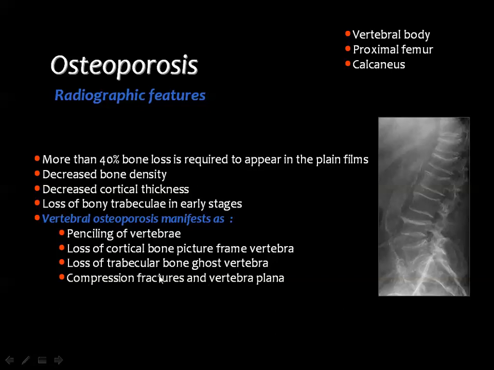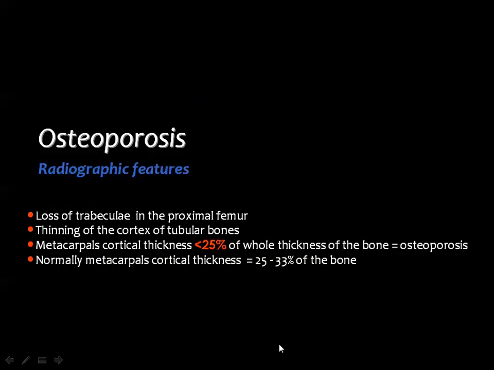Then loss of the trabecular bone may lead to ghost vertebra, and finally you reach the compression fracture and the vertebra plana.